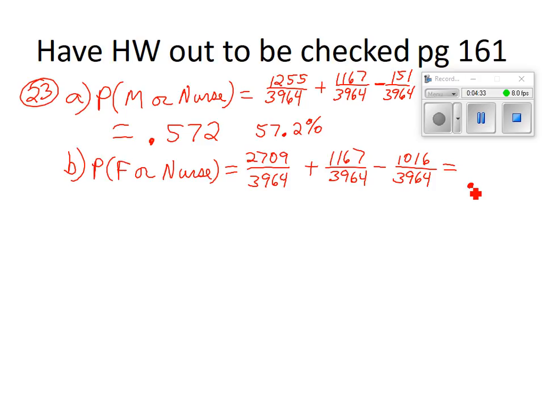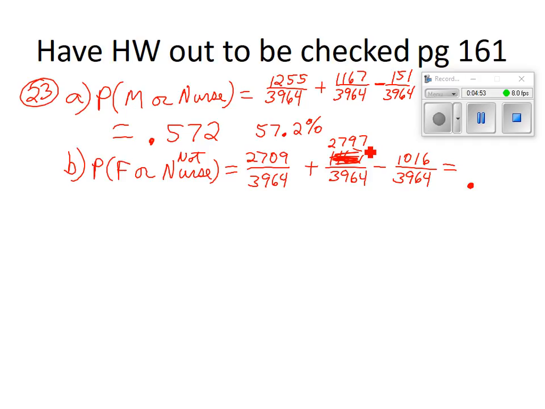I read this wrong. This says not a nursing major. My fault. So 1167 is wrong, that's how many were nursing. How many are not nursing majors? 2,797.